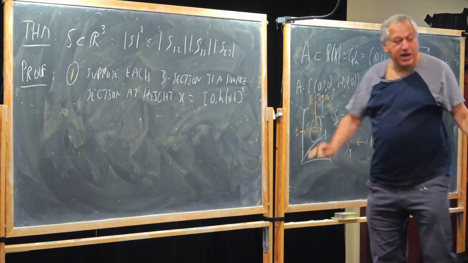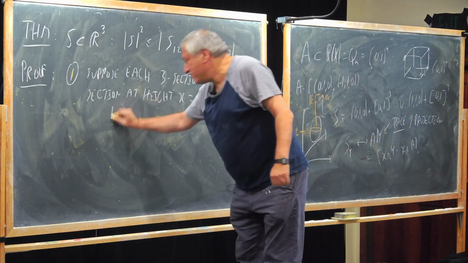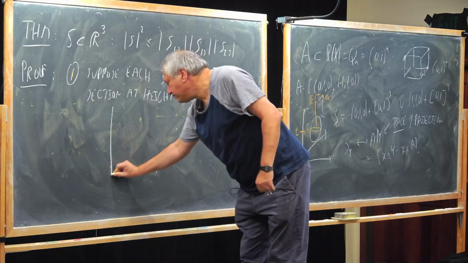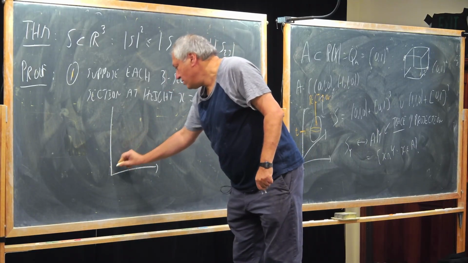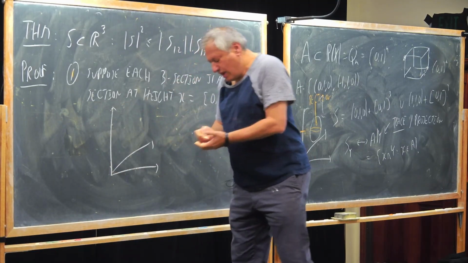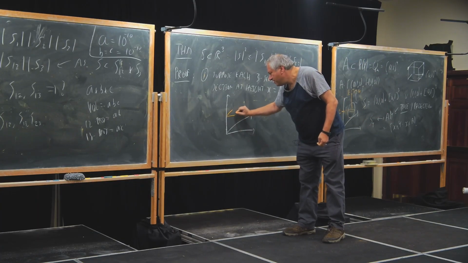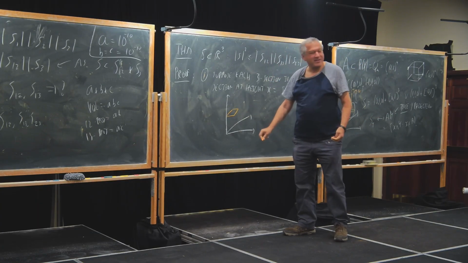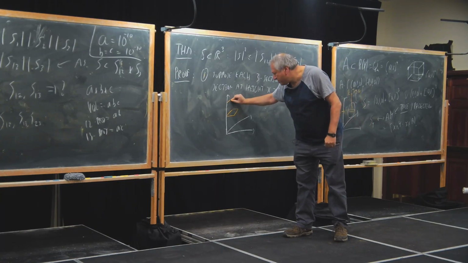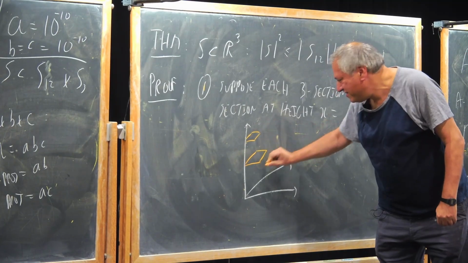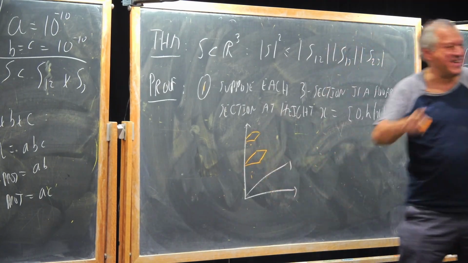So my picture is very hard to draw, of course, but let me attempt to draw it. Every section you see is a square, so it's absolutely impossible to draw. Is that making sense?